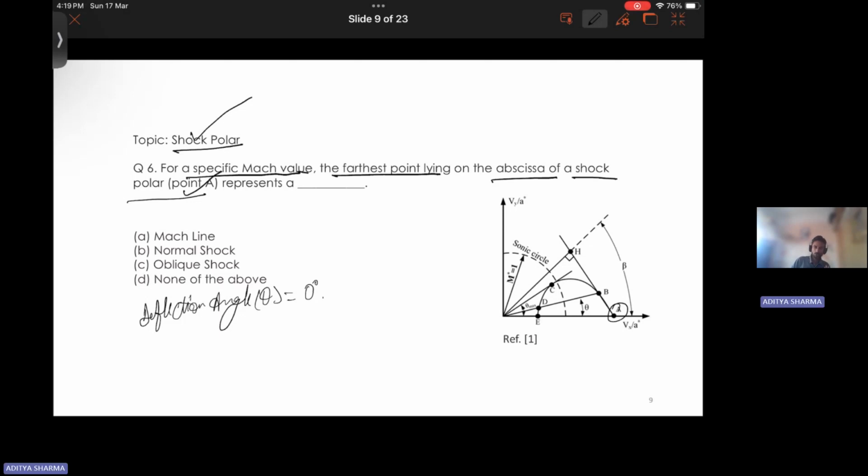So we know if theta is 0 degree, right? Either we get a normal shock, if it's a strong solution, and if it's a weak solution, in that case, what we get is a Mach line, right?